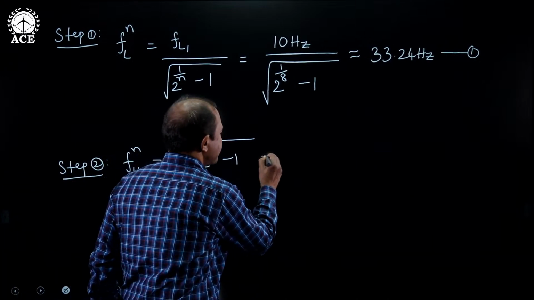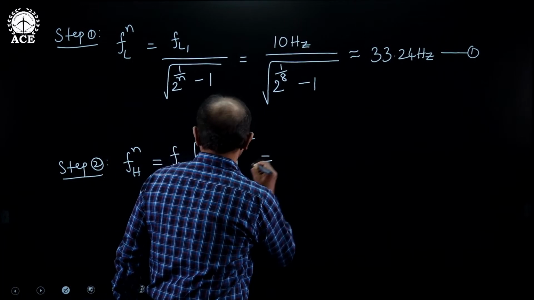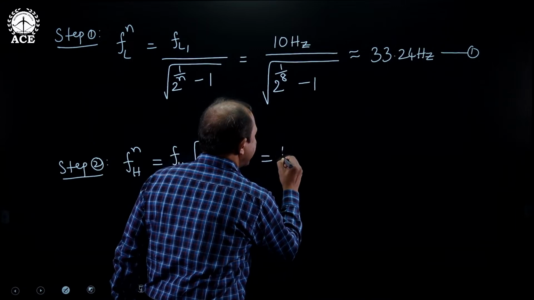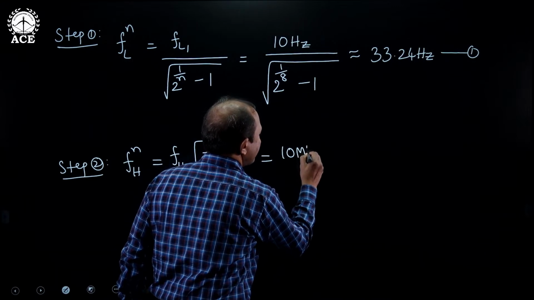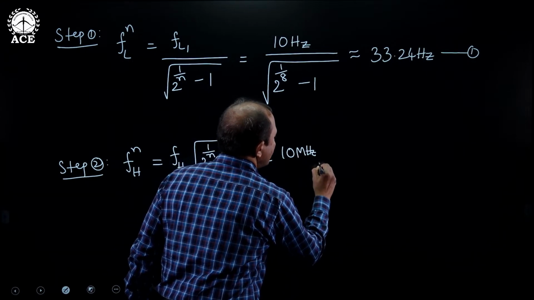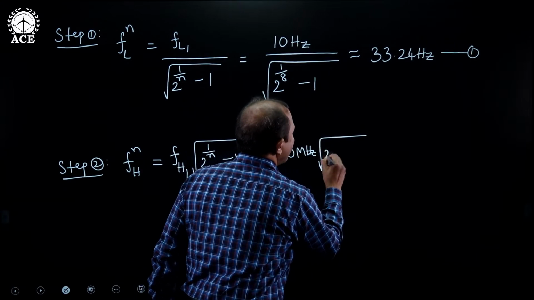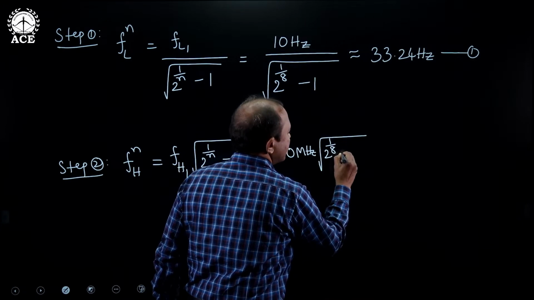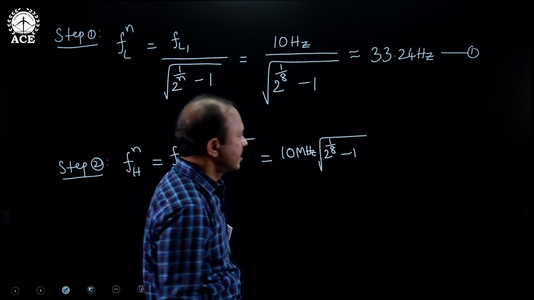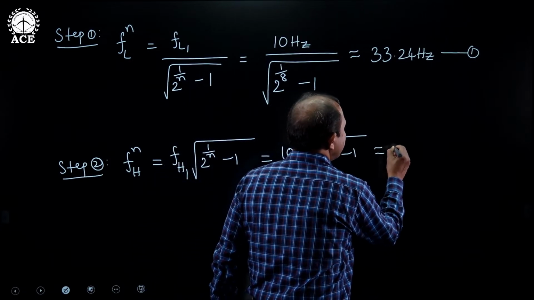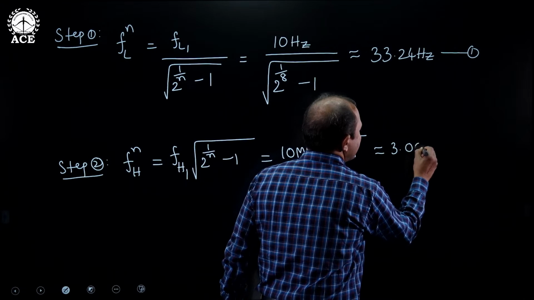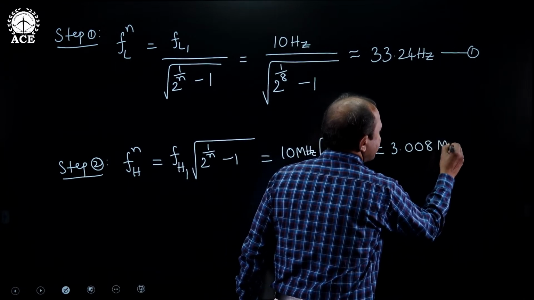In the present case, FH1 is given as 10 megahertz, into root of 2 to the power 1 by 8 minus 1, which will give us around 3.008 megahertz.